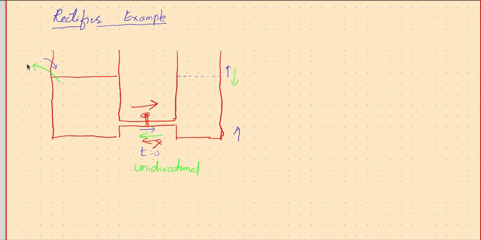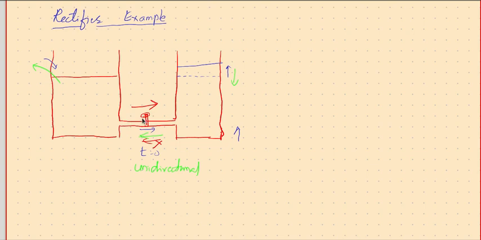Now remove water. After rising, the water level has reached this level. Now remove water from here. The water level at the left tank has reduced to this level, and in our previous case this also would have come down by making water flow in the reverse direction.